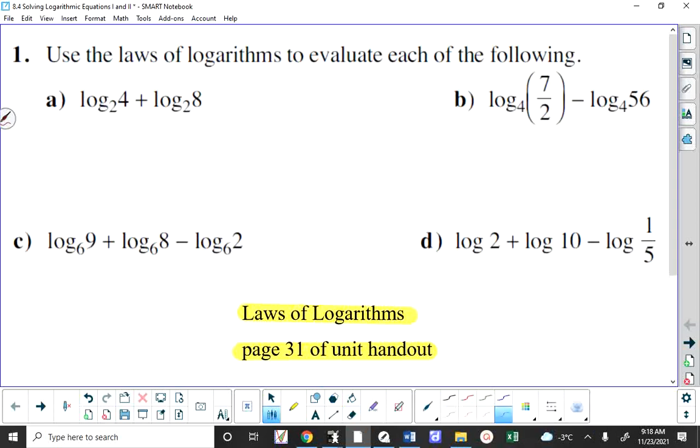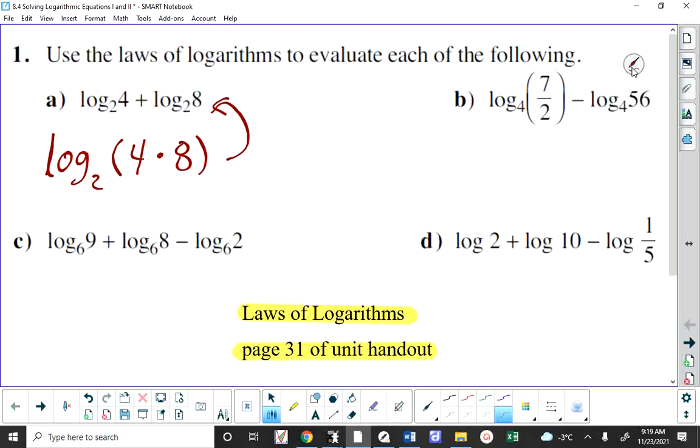But one of the properties of logarithms, or laws of logarithms, says that the logarithm of a product is equal to the sum of the logarithms.